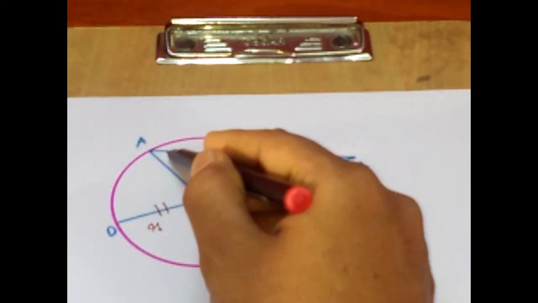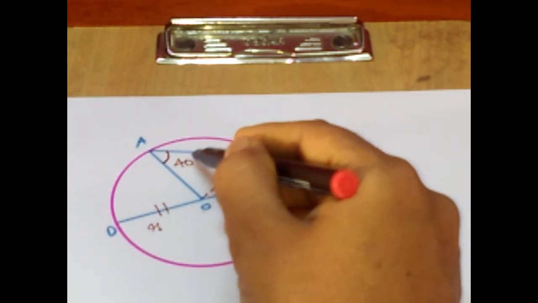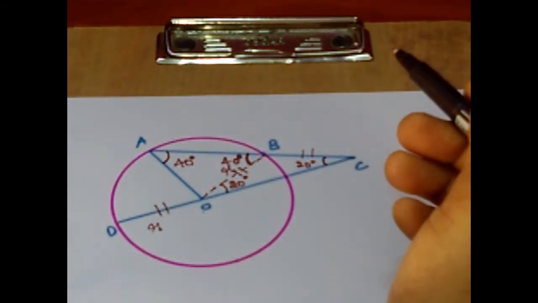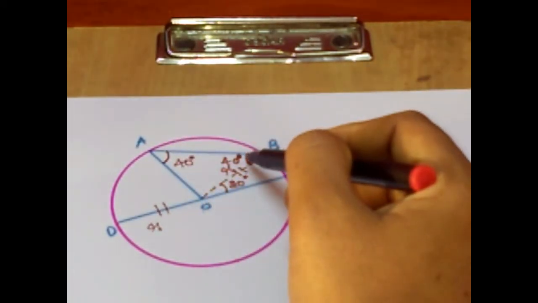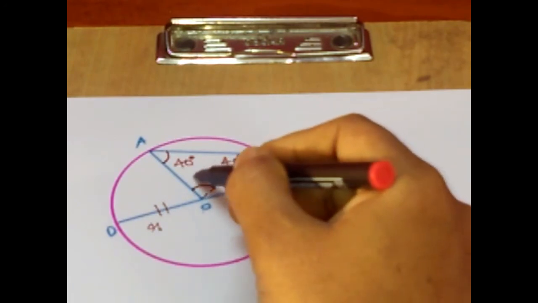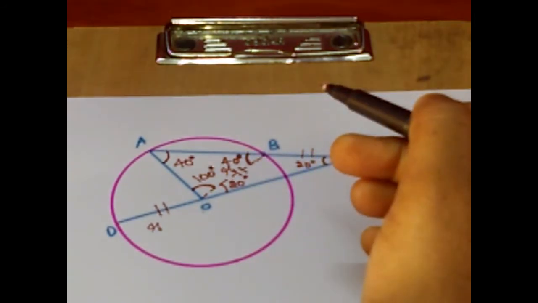Hence the measure of angle OAB is equal to 40 degree. This is point number 3. Now point number 4. In triangle AOB, 40 plus 40 is 80. Hence, the measure of angle AOB is equal to 100 degree by angle sum property.